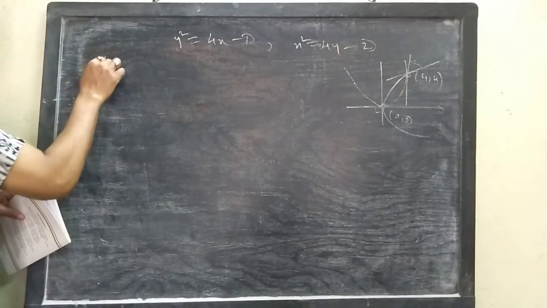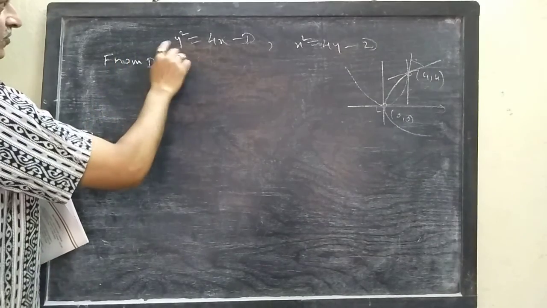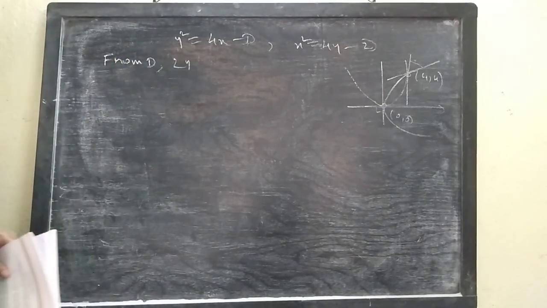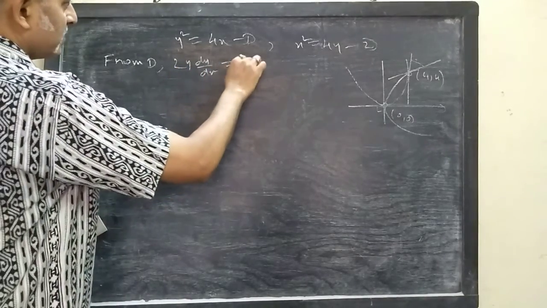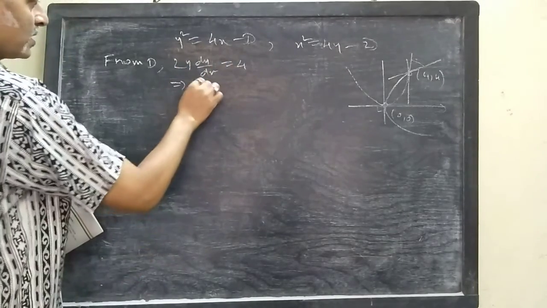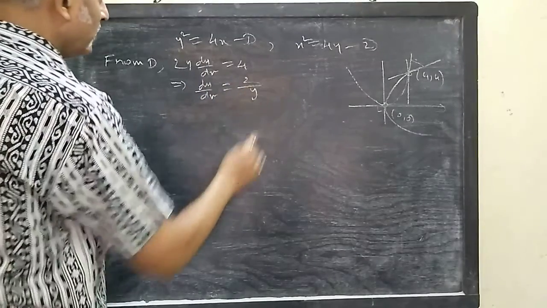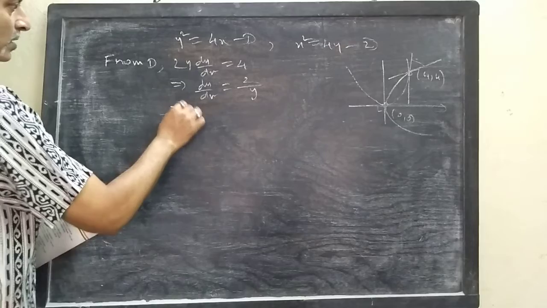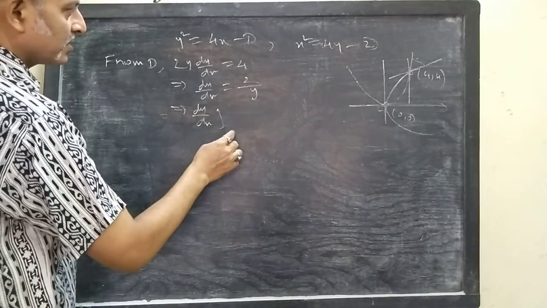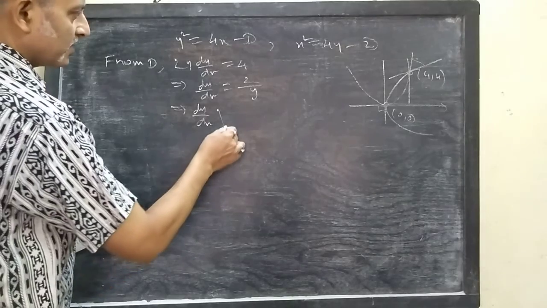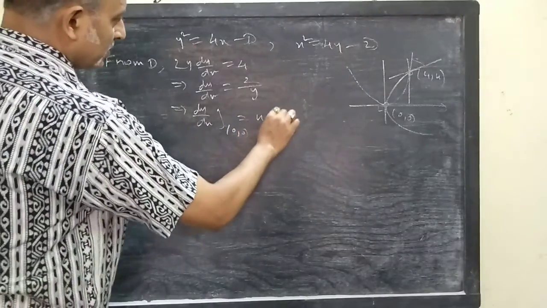Now from 1, differentiating both sides of 1 with respect to x, 2y dy dx equals 4. That implies dy dx equals 2 by y. That implies dy dx at the point 0, 0 is undefined.